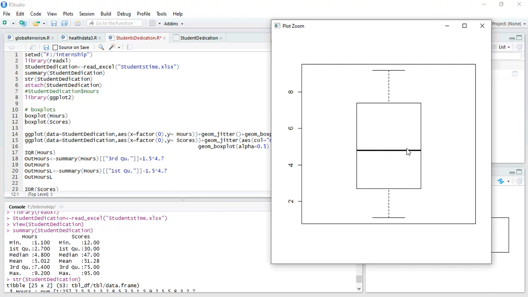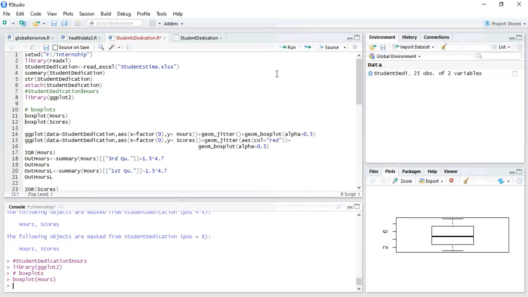The average is 5.012, so it must be somewhere here. This is your first quartile, 2.7, and this is your third quartile, 7.4. So this is the first quartile, this is the third quartile. We'll see more.